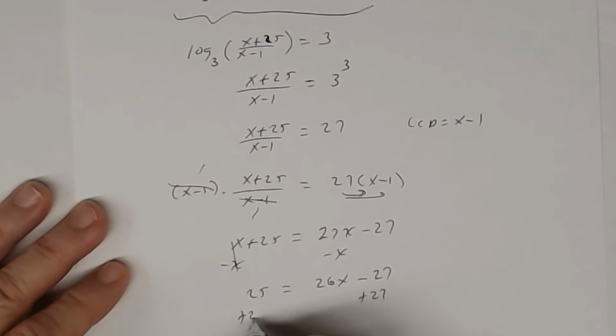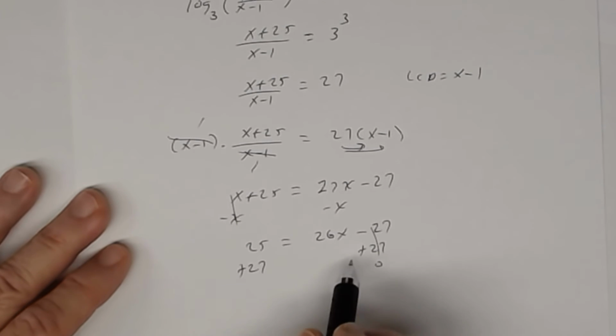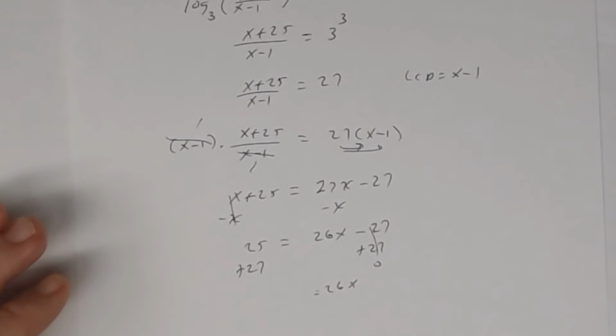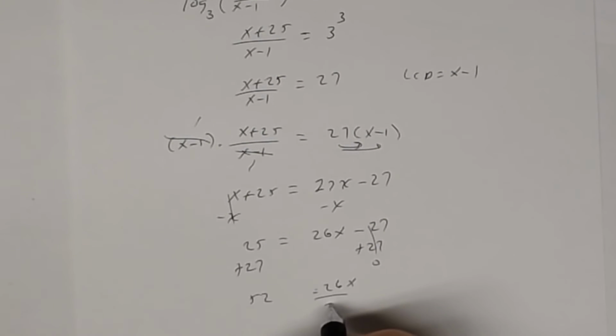Adding 27 to both sides, this is linear, so I get 26x equals 25 plus 27, which gives us 52. And dividing both sides by 26, I get x to be 2.